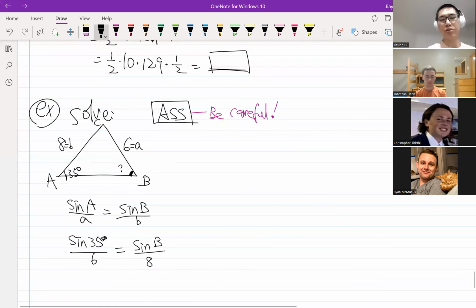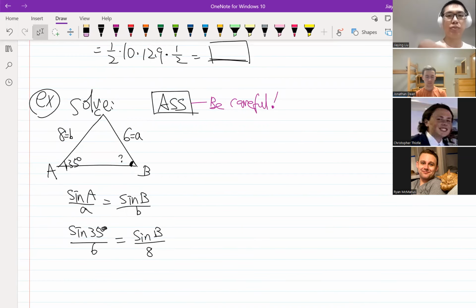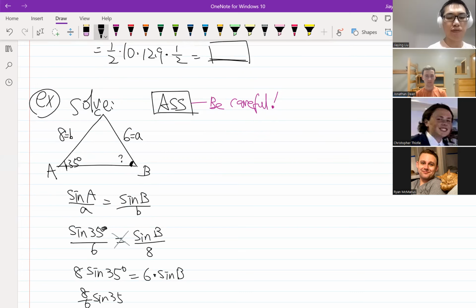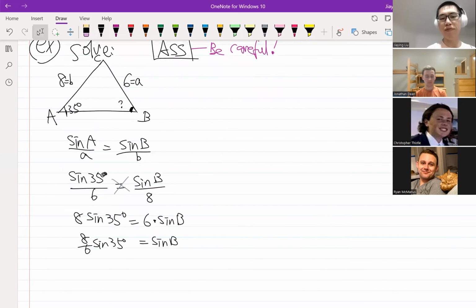It looks like we're good because we have only one unknown, B. We can cross multiply, or we can simply multiply both sides by 8. So we get 8 sine 35 degrees over 6 equals sine B. So 8 over 6 sine 35 degrees equals sine B. And we're going to take the inverse sine on both sides. So the inverse sine of 4 over 3 sine 35 degrees is equal to B.